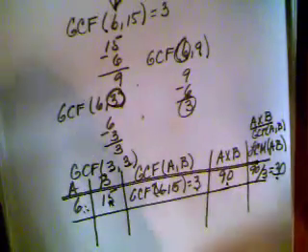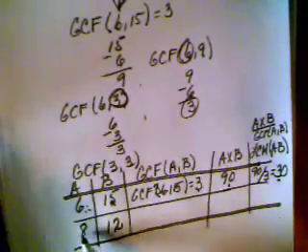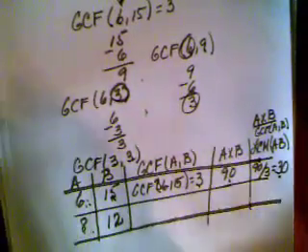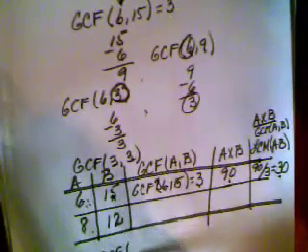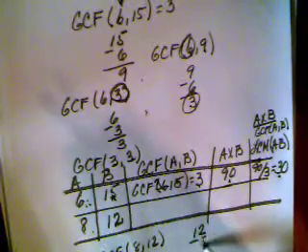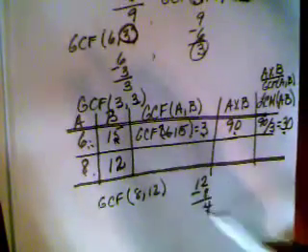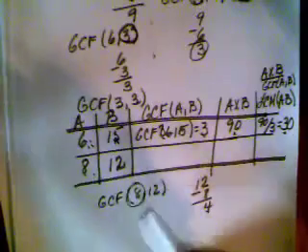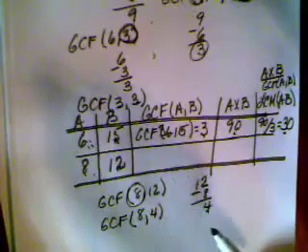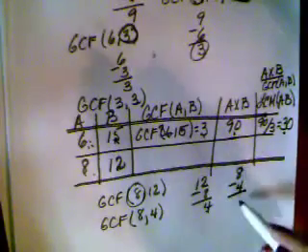So let me do another example. I have to find the greatest common factor, so I'm going to use our new method. So I'm going to take the greatest common factor of 8 and 12. If I subtract, 12 minus 8 is 4, so I use the smaller and the difference. And now I'm going to subtract 4 from 8 to get 4.